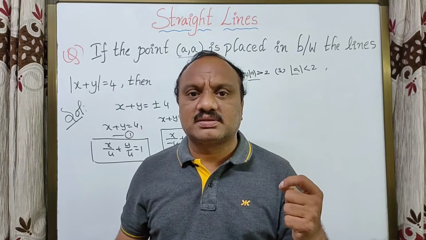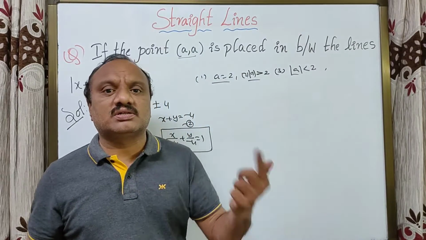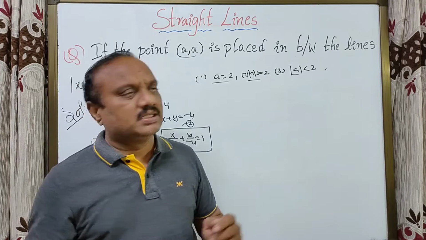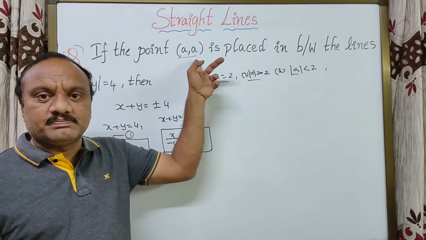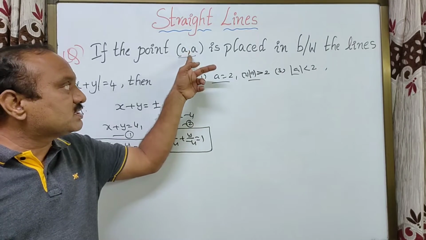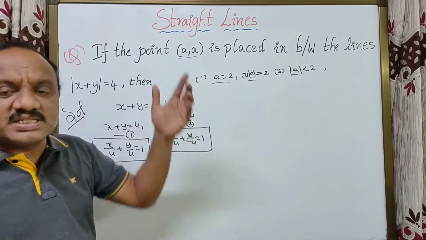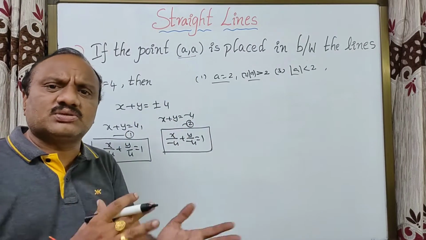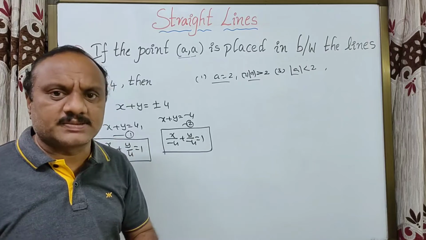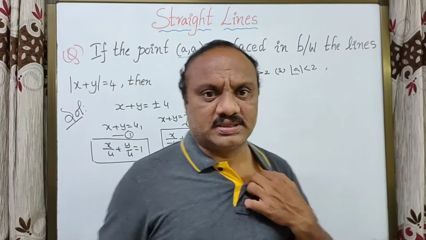Locus is the set of points which satisfy a well-defined condition or geometrical property. If it is a point, it lies on some curve. The locus of this point is nothing but the curve. Curve is nothing but locus. Locus means the set of points which satisfy a well-defined condition or geometrical property.